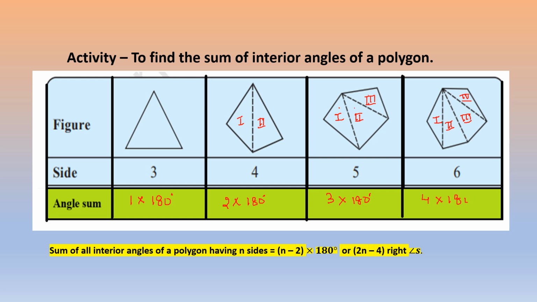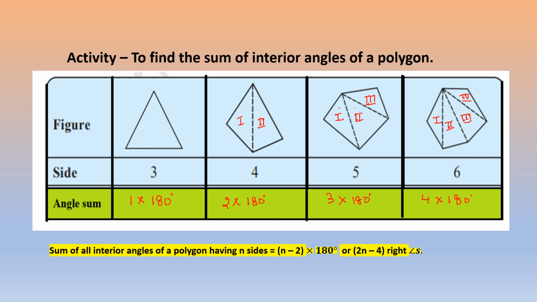Okay, now if you see here, in all the cases this 180 degrees remains as it is. But if the number of sides is 3, I am getting 1 into 180 degrees. If the number of sides is 4, I am getting 2 into 180 degrees. If the number of sides is 5, I am getting 3 into 180 degrees. If the number of sides is 6, we are getting 4 into 180 degrees.